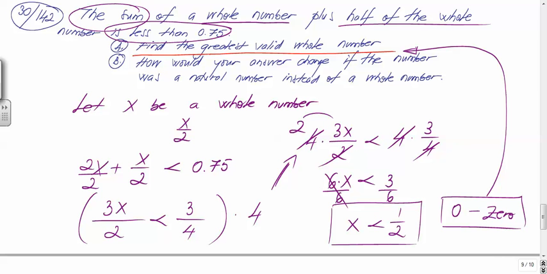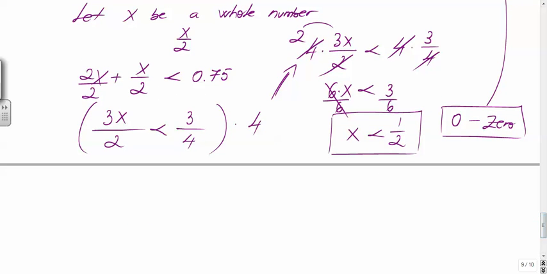Now B says, how would your answer change if the number was a natural number instead of a whole number? You guys remember the natural number set. Remember when I told you that natural numbers are basically the numbers that you learn as a baby, 1, 2, 3, 4, 5, and so on, going on to infinity.